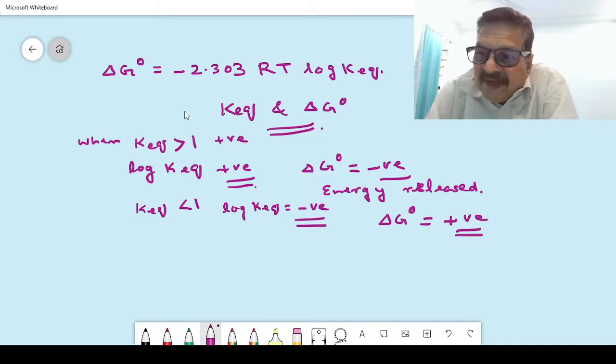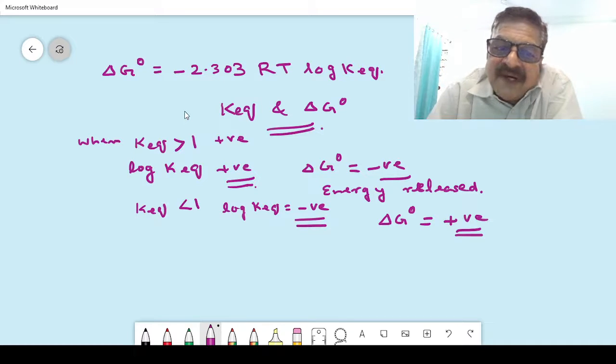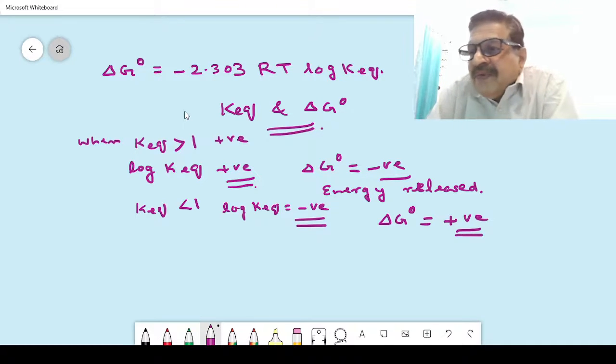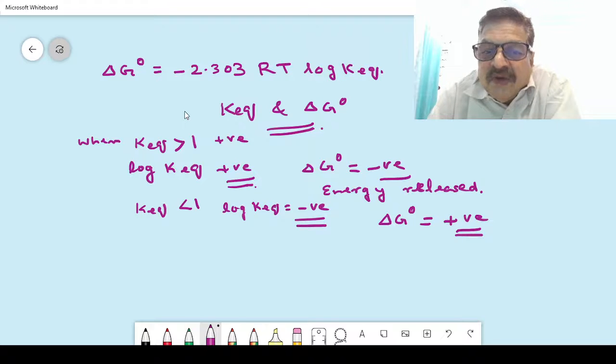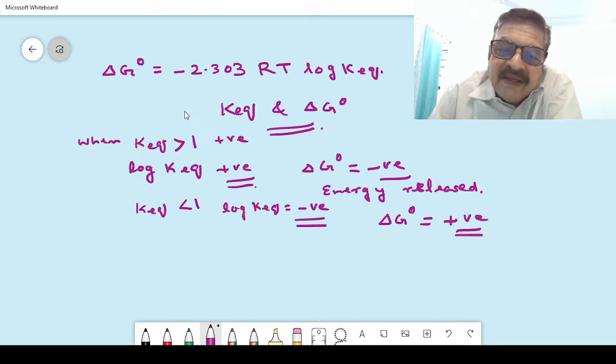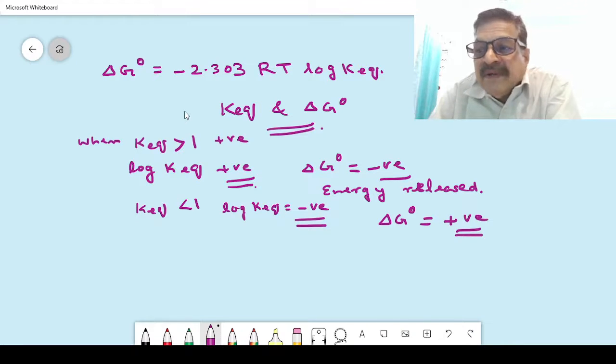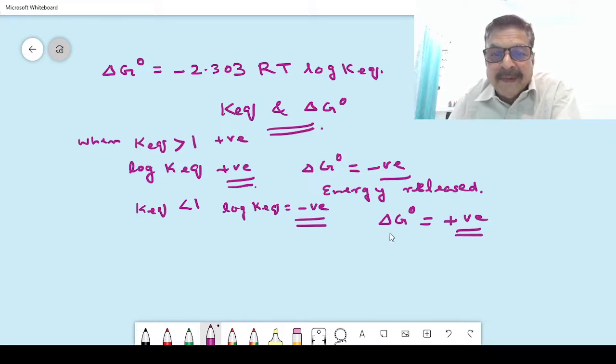Now, when KEQ is less than 1, log KEQ is a negative number, and then delta G becomes a positive number. Therefore, energy is absorbed.